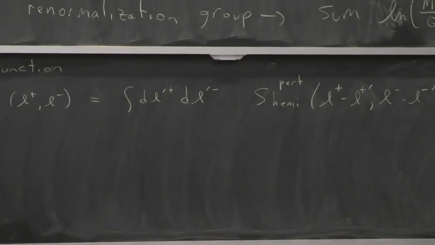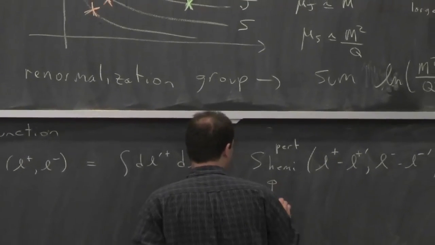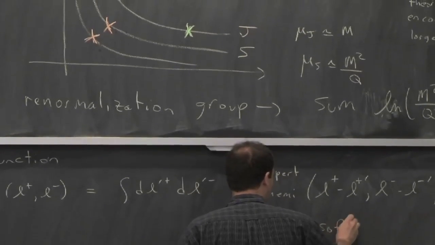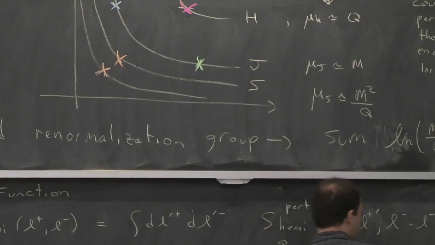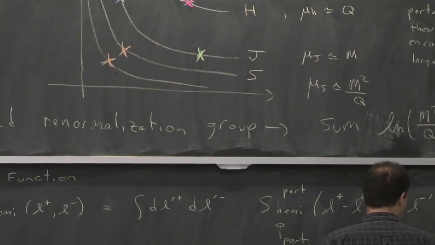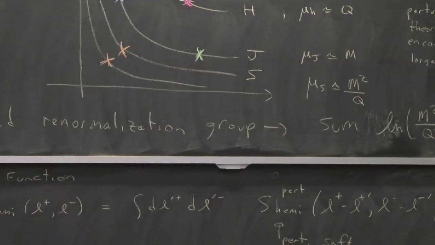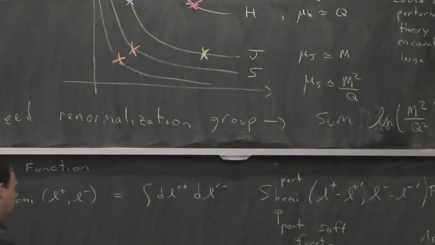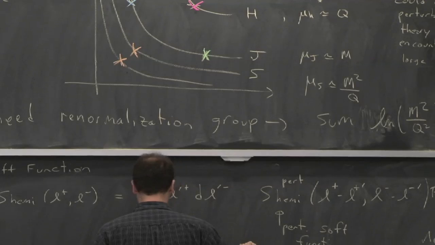But this is a situation where we can put things together in a single result, where these are the perturbative part of the soft function. And this is the non-perturbative lambda QCD effects. If you imagine that these two x's are hierarchical, then this perturbative guy here gives you some alpha s corrections.